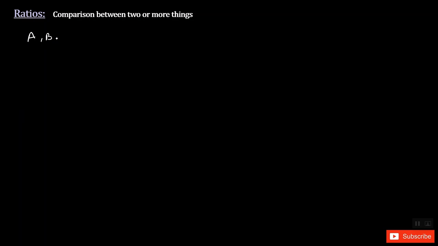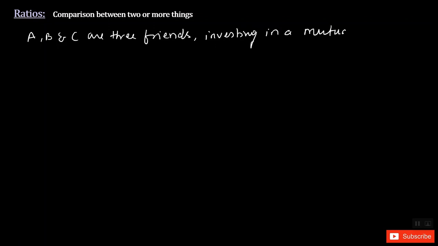A, B and C are three friends investing in a mutual fund in the ratio of 2:3:5.